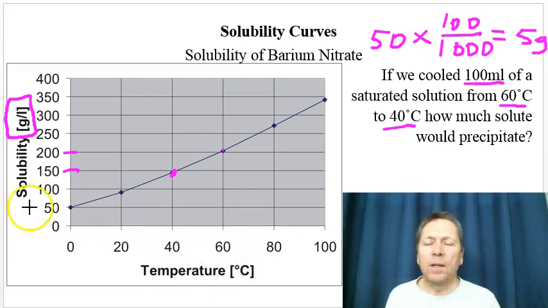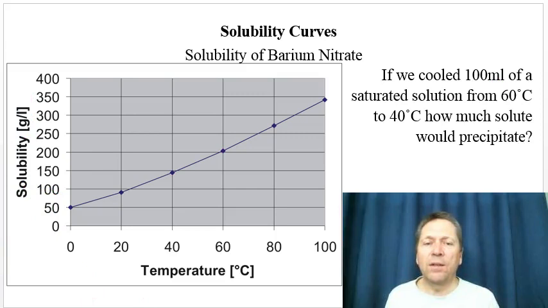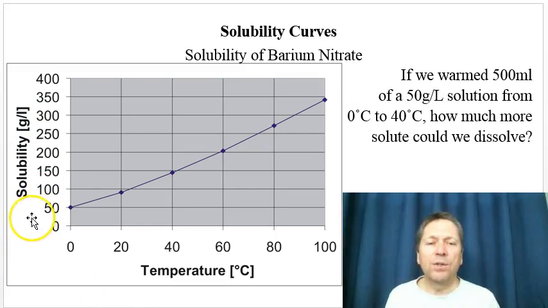Now, another thing we might have to look at here is another question. Different question now. If we warmed 500 millilitres of a 50 gram per litre solution from 0 to 40 degrees, how much more solute could we dissolve? So we'll take a look at our graph.